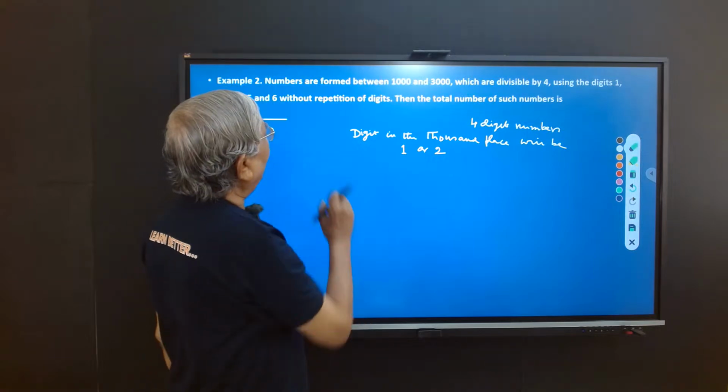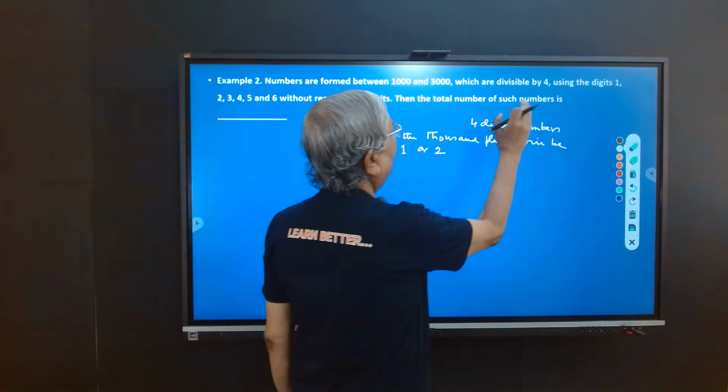And second, it is given that the number should be divisible by 4.